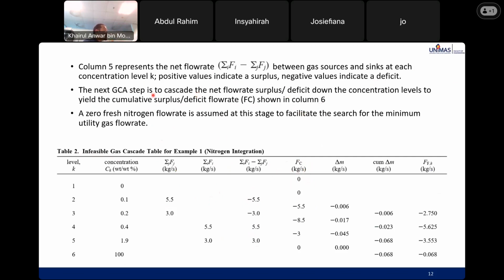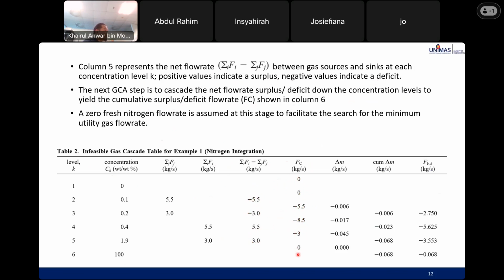Then you do the cascade: 0, 0, 0, 0, minus 5.5, minus 5.5, minus 5.3, minus 8.5, something like this. This is a zigzag cascade.